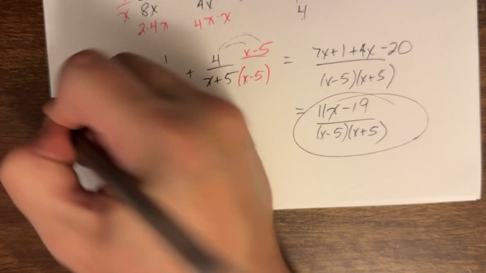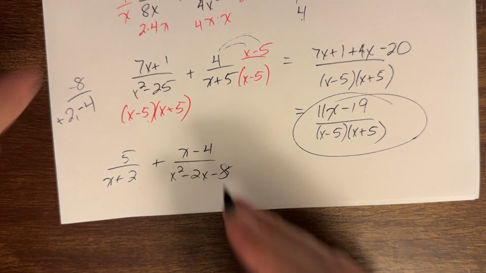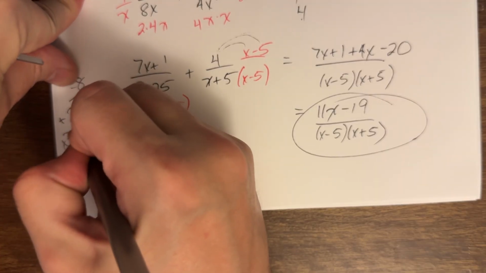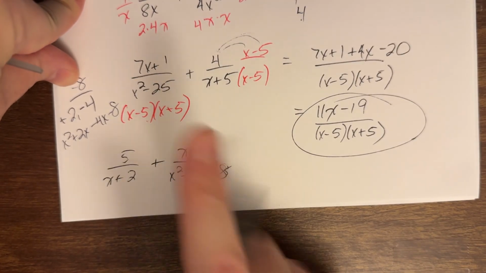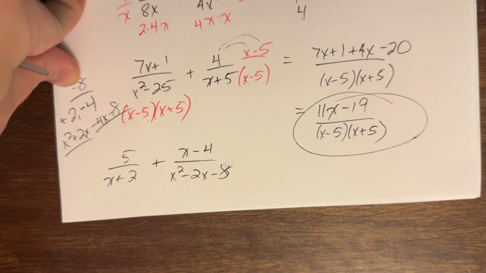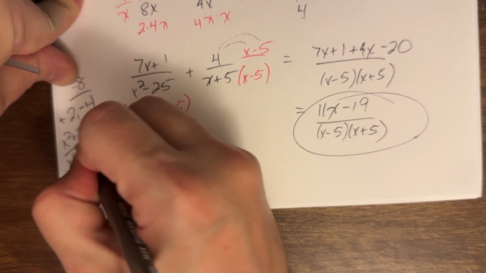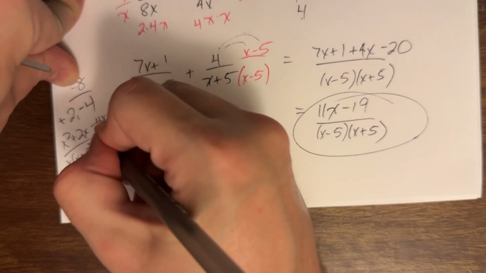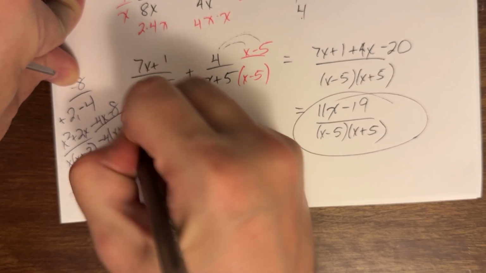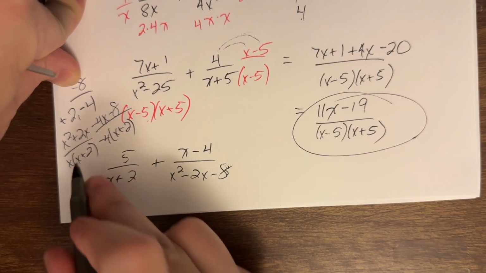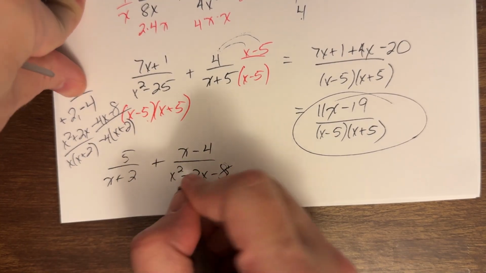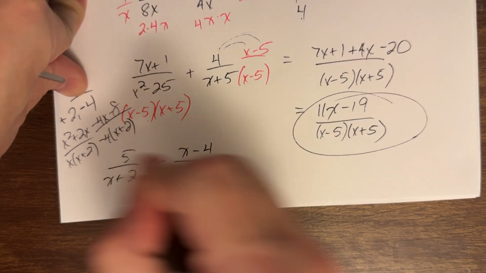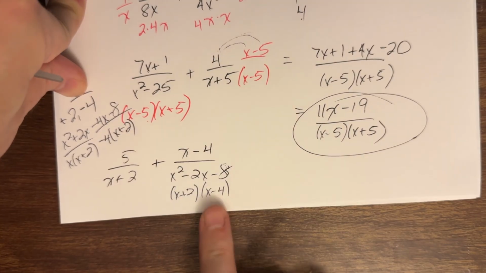The 4 will need to be negative, the 2 positive. That'll become x squared plus 2x minus 4x minus 8. As I group, x out, x plus 2 left behind, minus 4 out, x plus 2 left behind. And now I'll just take that answer right here, finishing the x plus 2 comes out, and the x minus 4 is left behind.